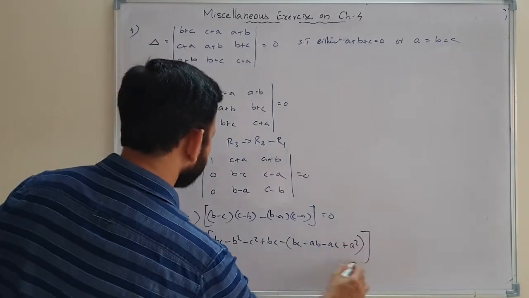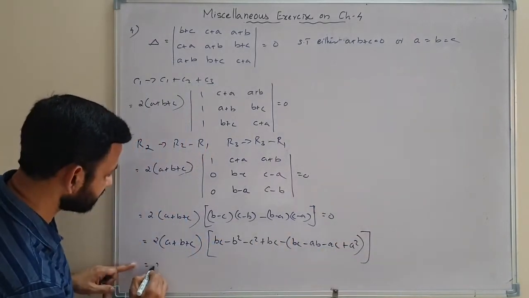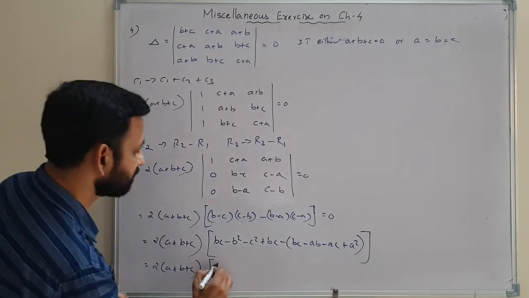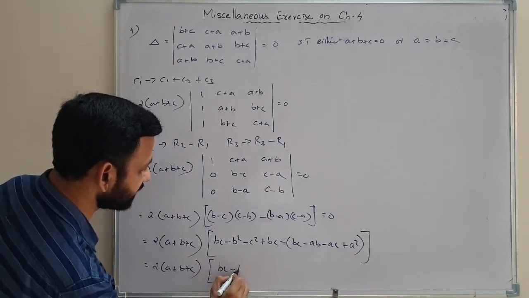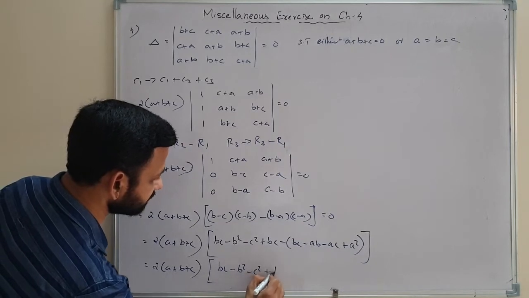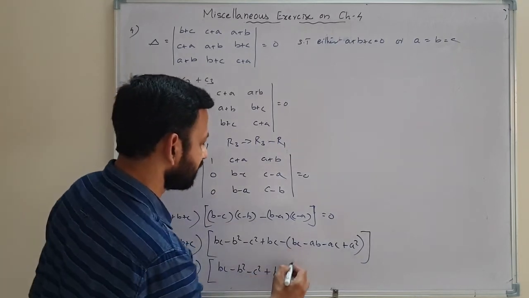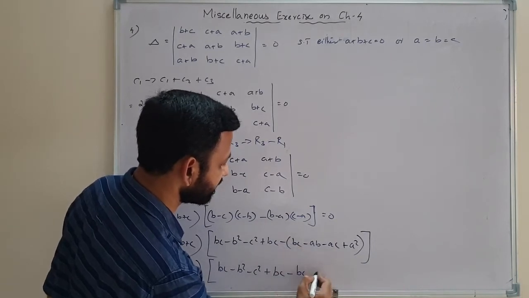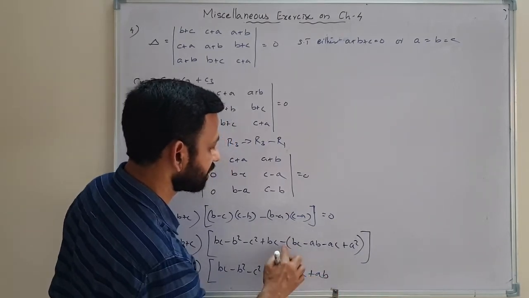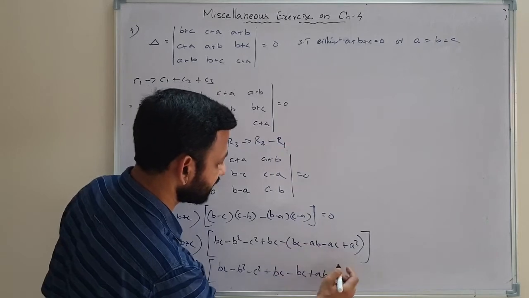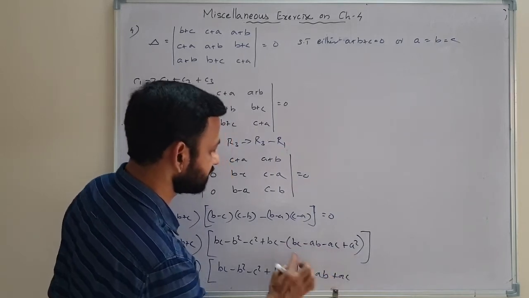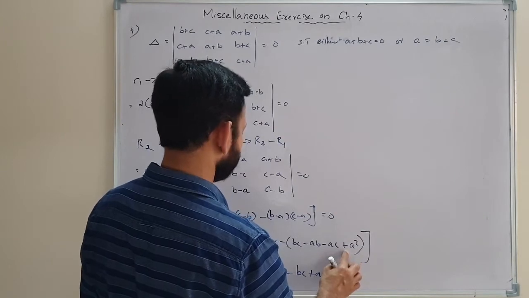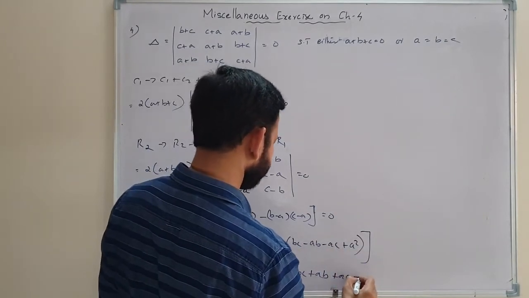Now we can open this bracket, that is 2 into (A plus B plus C), then BC minus B square minus C square plus BC, then again open the bracket: minus BC, minus into minus plus AB, minus into minus plus AC, minus A square.